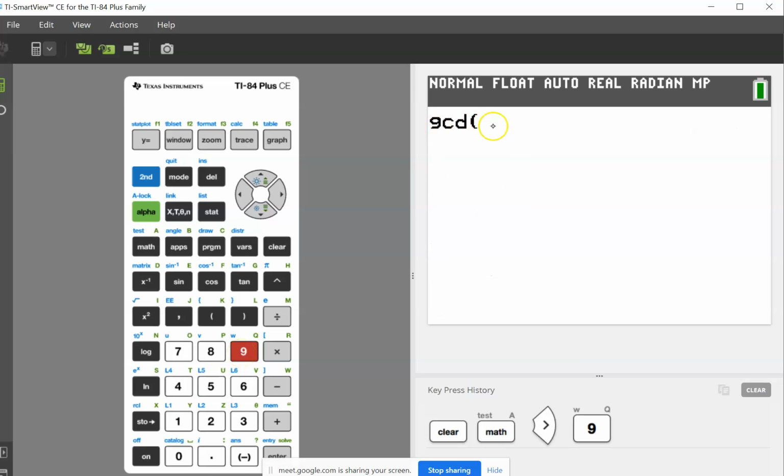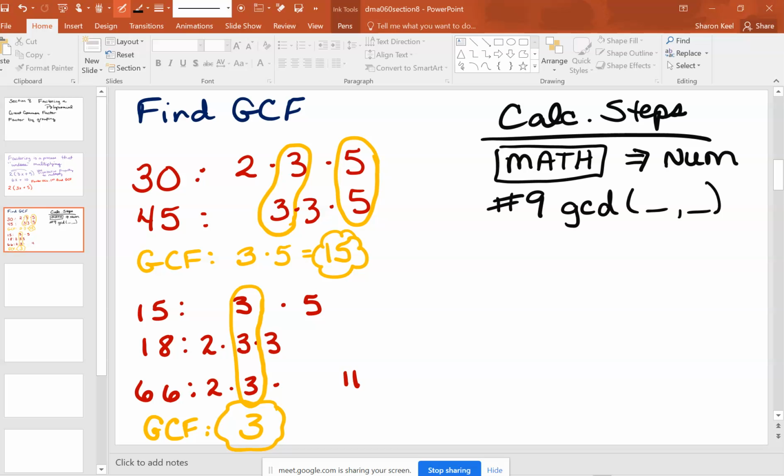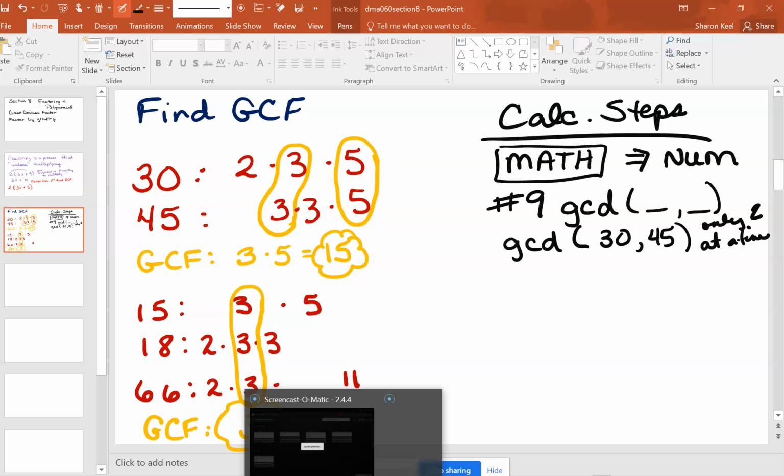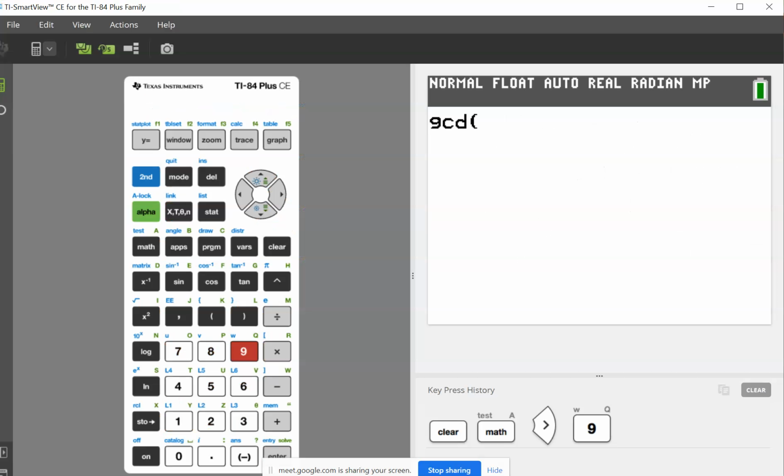Now, when we get this on the screen, we can only use 2 numbers at a time. So for the first one, I'm going to type in 30, 45. Let me make note, only 2 at a time. So for this one, we did 30.